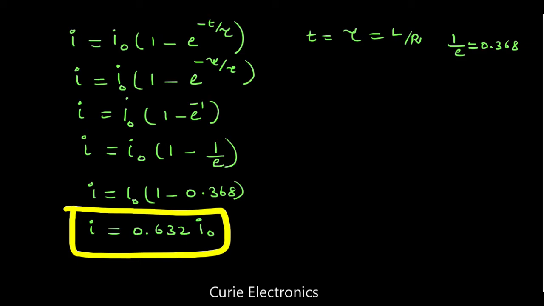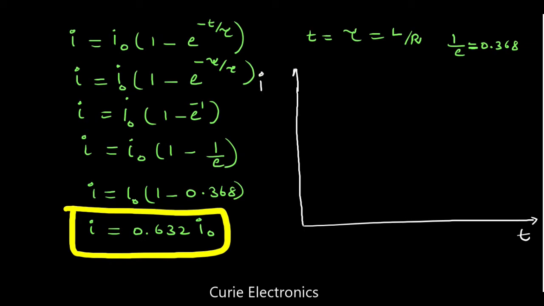Now let's try to plot the graph. This is time versus current I. We will get an exponential plot like this.